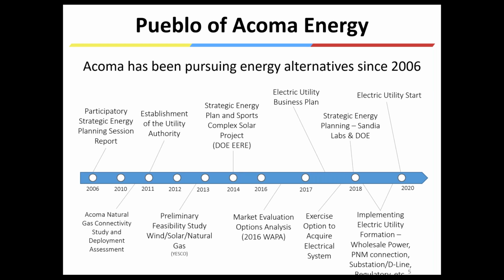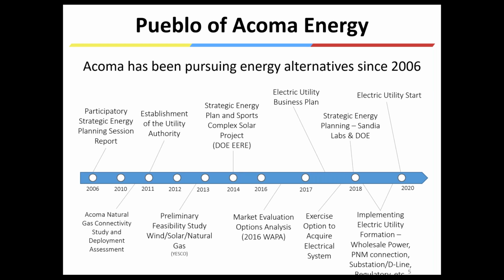Our transmission line in the area, you'll see a slide on that, and I'll talk about it a little bit later, but the transmission line doesn't actually cross tribal lands. It's a little bit north of the tribal land, so we had to work with private landowners, with the BLM, with the state land office, and others to be able to access the grid, the national grid, the transmission line. So we took a little bit more time negotiating those right-of-ways.